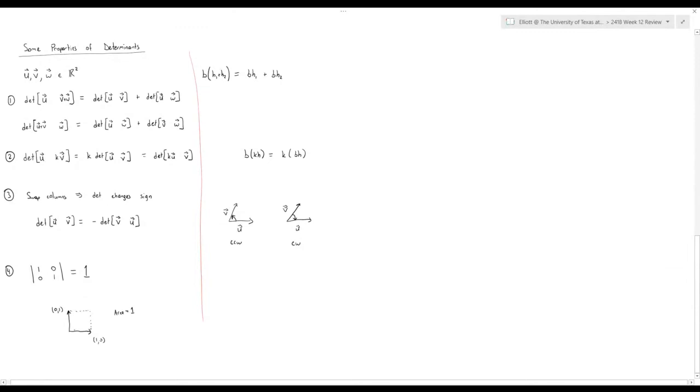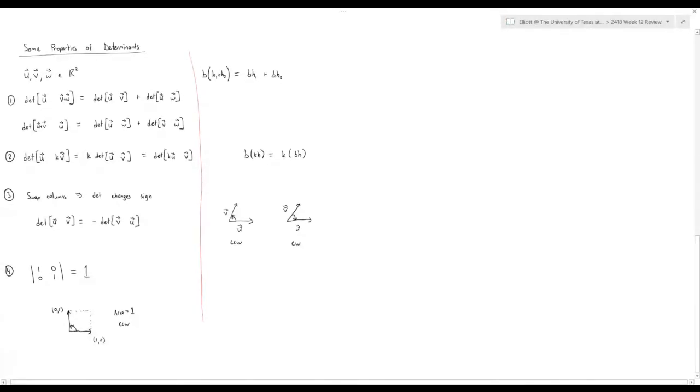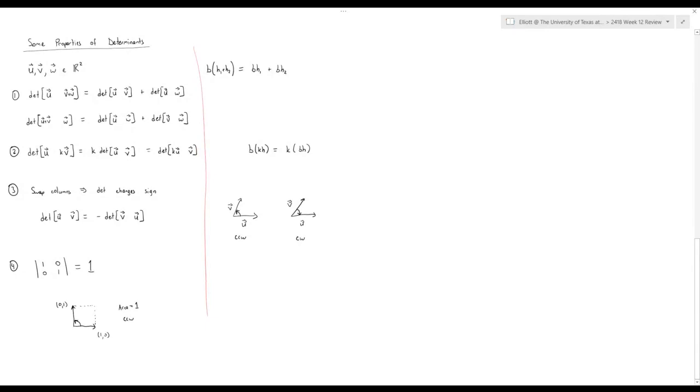And these vectors naturally have a counterclockwise orientation as well, so the determinant should be positive instead of negative, okay? All right. Yes. It's like which one is the shorter path, I guess, to get from the first vector to the second one, okay?